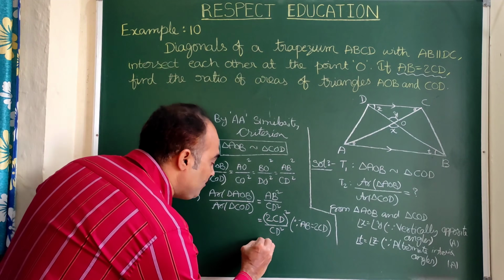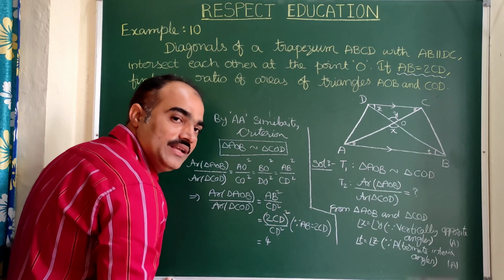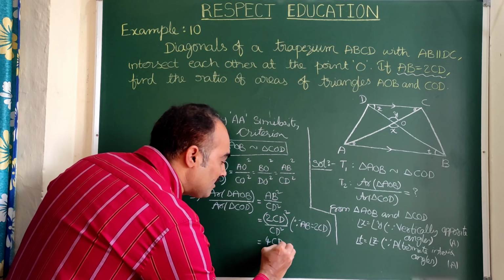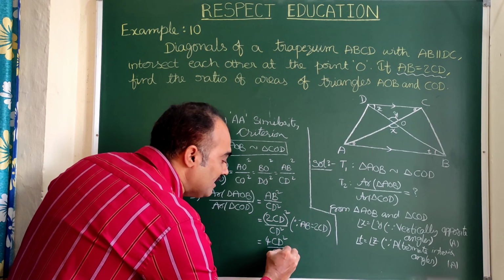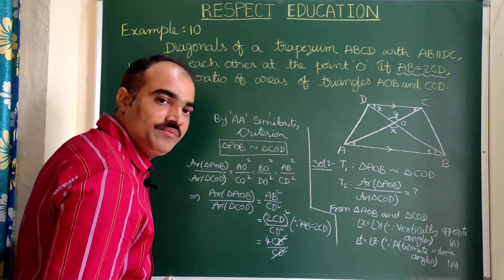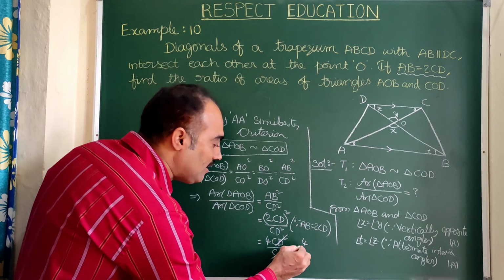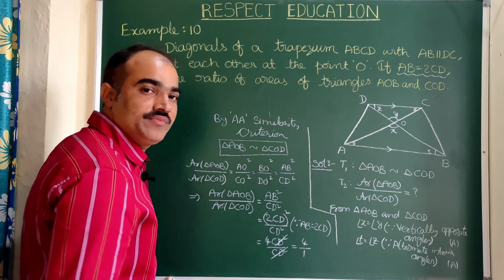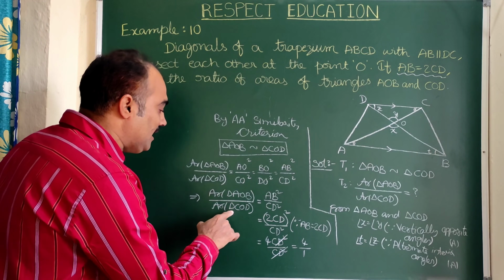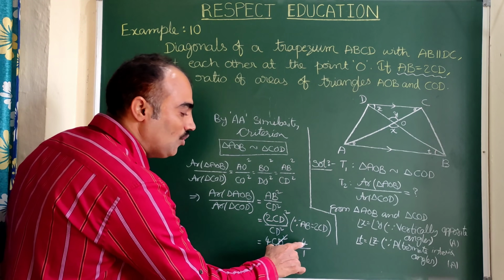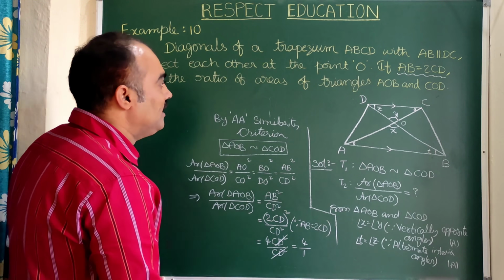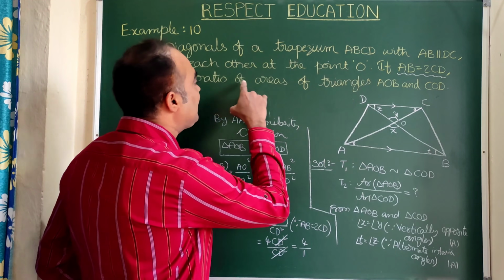So here let us simplify. 2 square is 4, CD square by CD square gets cancelled. So this answer is 4. As there is no denominator, we can write 1. So area of triangle AOB by area of triangle COD is 4 by 1. Here the question is to find the ratio.